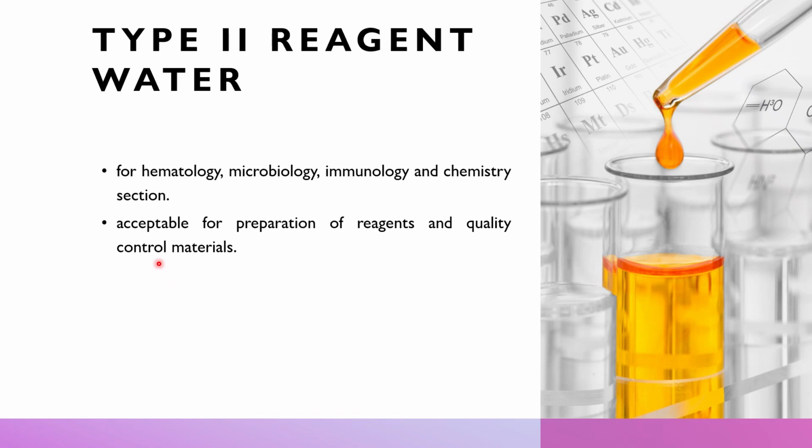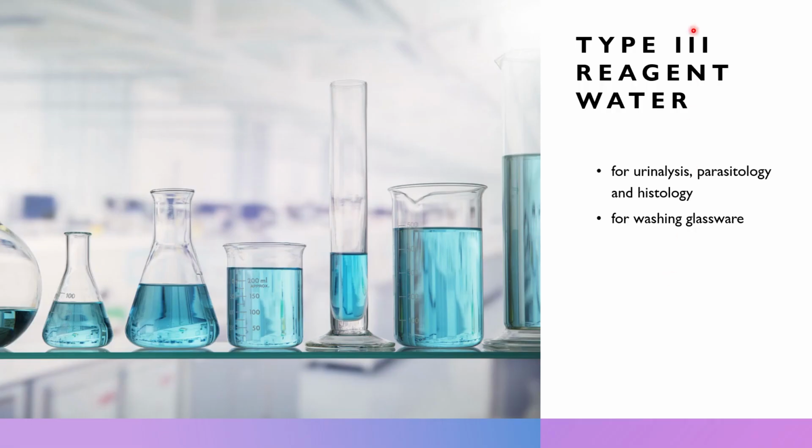Type 2 reagent water is for hematology, microbiology, immunology, and chemistry section. This reagent water, type 2, is also acceptable for any preparation of reagents and even for quality control materials. The type 3 reagent water is for urinalysis, parasitology, and histology. It can also be used for washing glassware in the clinical laboratory.